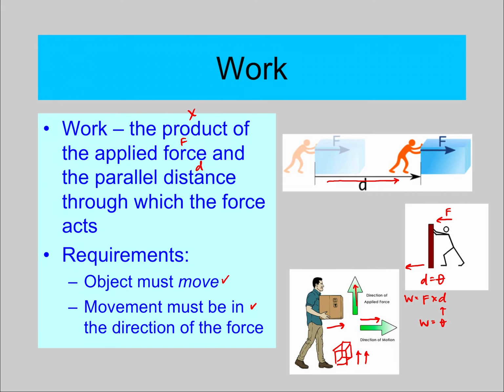However, the box is now moving to the right, and they are no longer parallel to each other down here. They are now what we call perpendicular. Therefore, even though he is exerting effort to carry the box, he is not doing any work. Okay, so both of these images show how requirements must be met in order to classify as work.